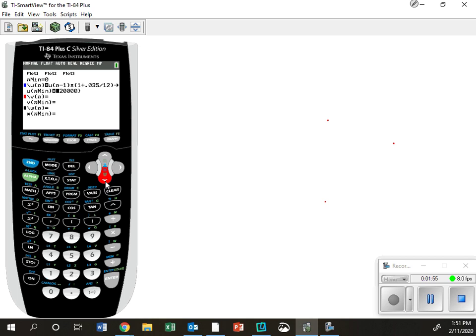So one more time, how much did you borrow? $100. How much interest was it? 7%. And then the payment, minus $4.48.